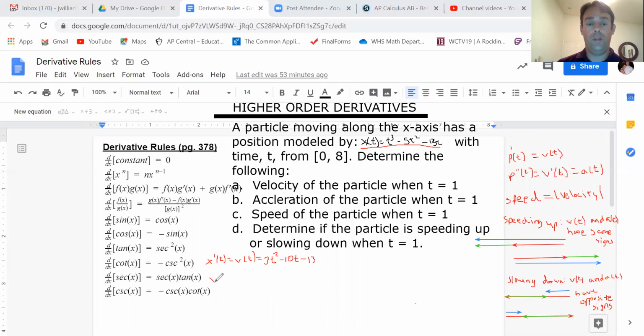So when I plug 1 in here, figure out my velocity, I get 3 times 1 squared minus 10 times 1 minus 13. And friends, I believe that's going to be a negative 20.